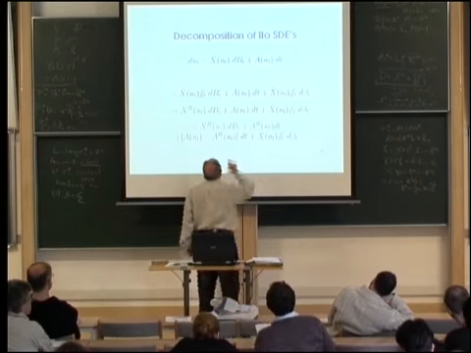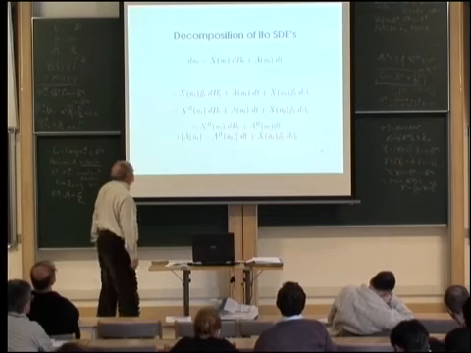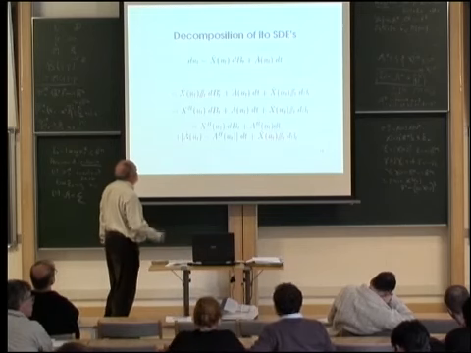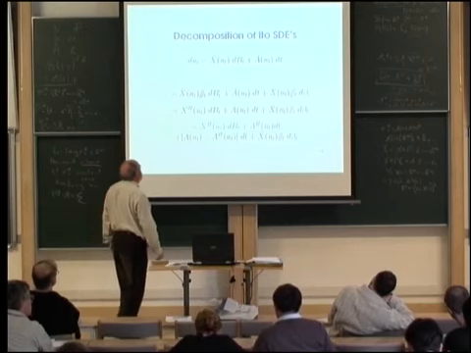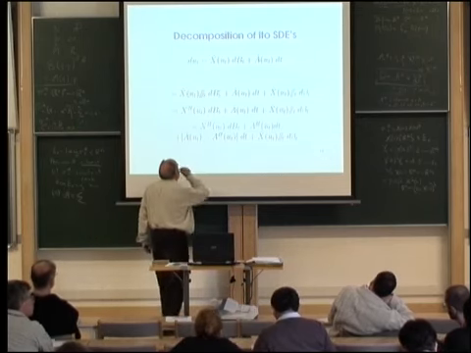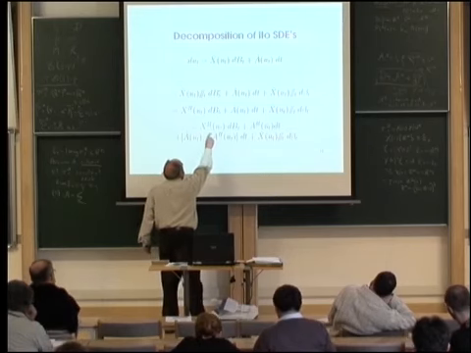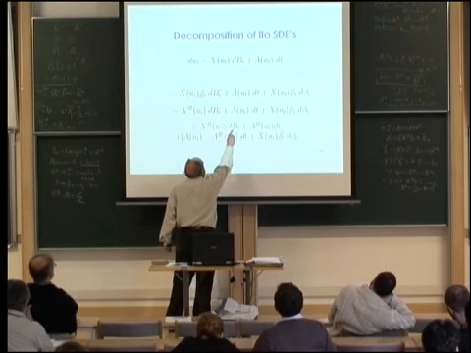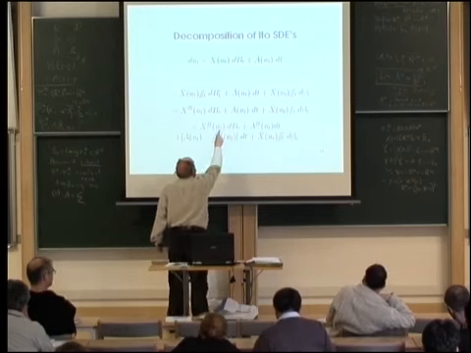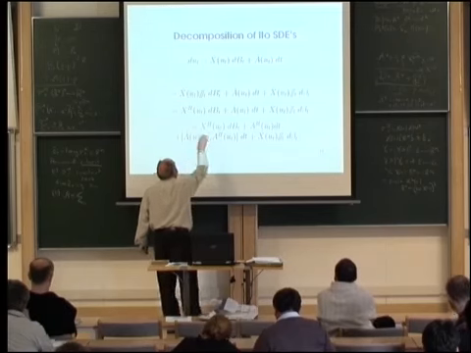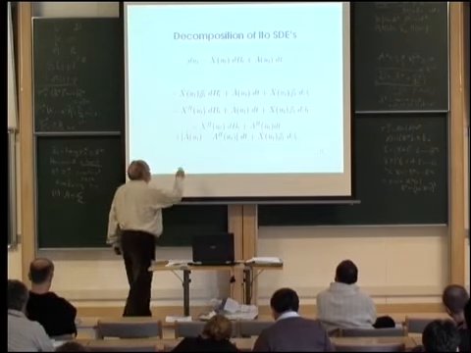So I've just done that on the top line. We can rewrite it, if we wish, in terms of horizontal lifts. And so let's go down to the bottom line now. So we've got xh dBt plus ah dt. So that's basically the lifted stochastic differential equation plus other stuff.